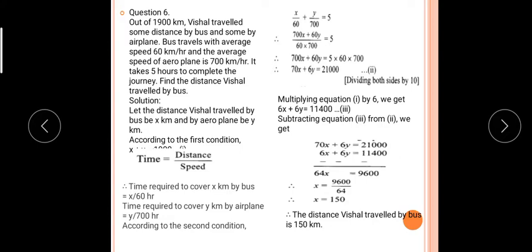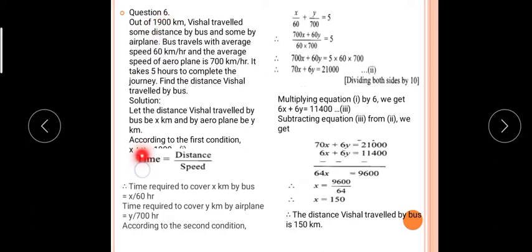Now, after writing this, according to the first condition, what is our first condition? x plus y is equal to 1900, because the total distance Vishal travels is 1900 kilometer.